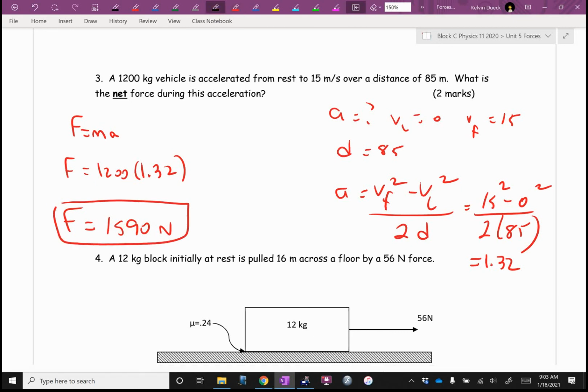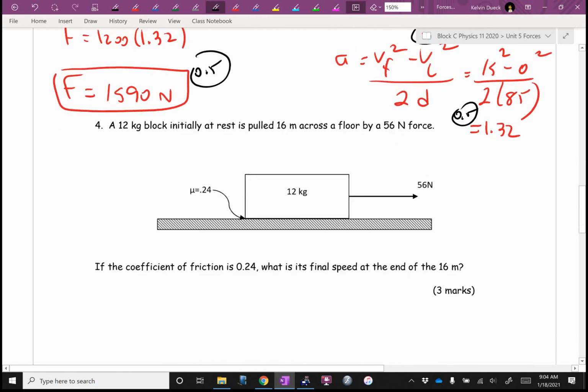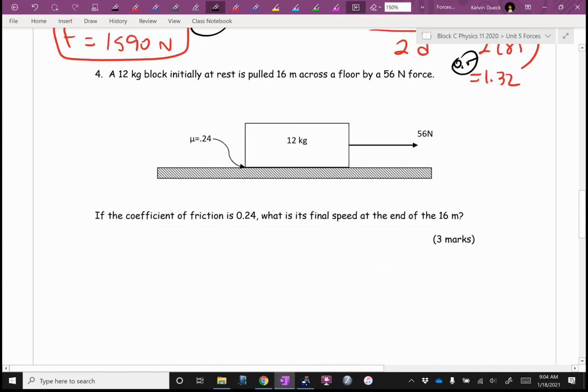Otherwise, I would probably give you a half mark if I saw that, a half mark for finding the acceleration, a half mark if I saw the net force, F equals ma, and then a half mark for the answer. Ooh, 3 marks. Cool. What does number 4 want me to find?